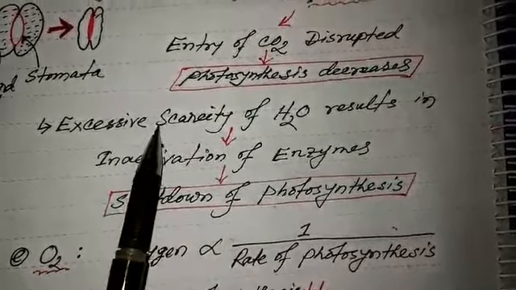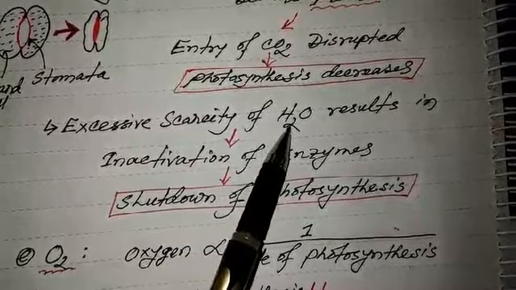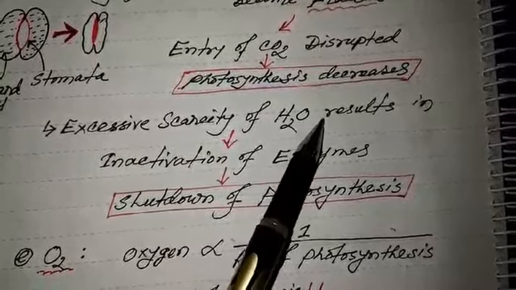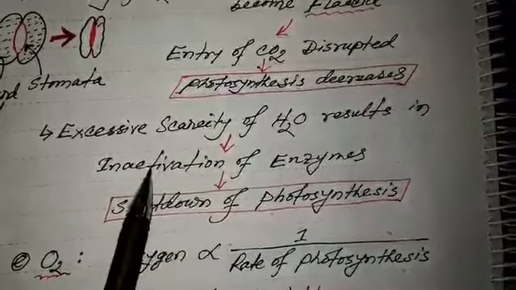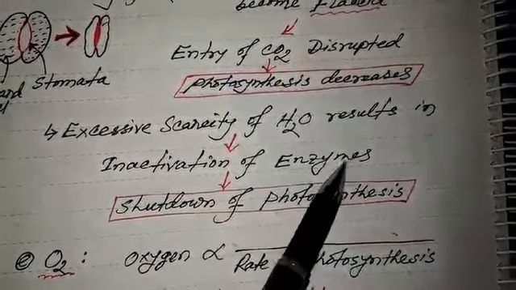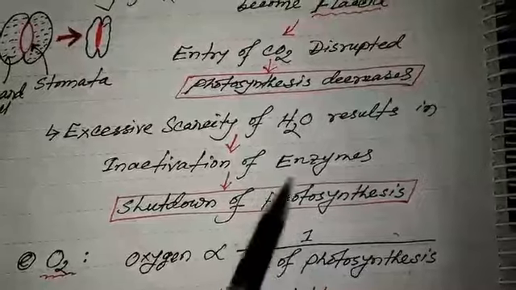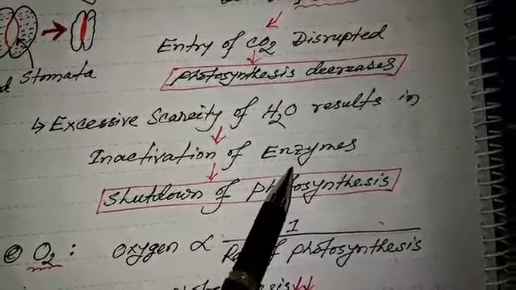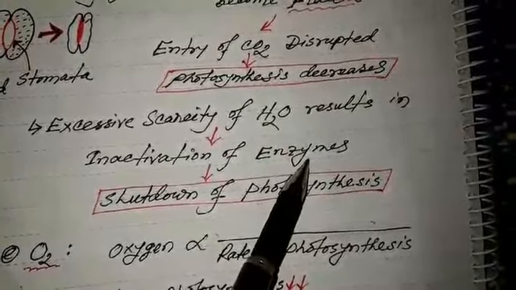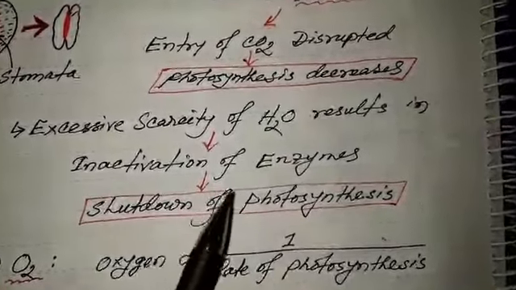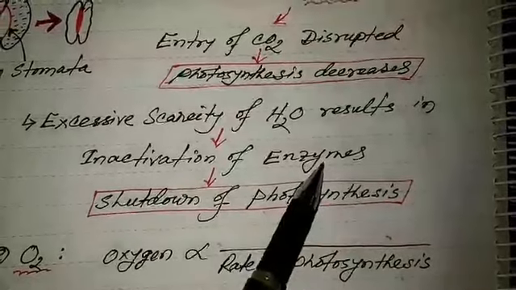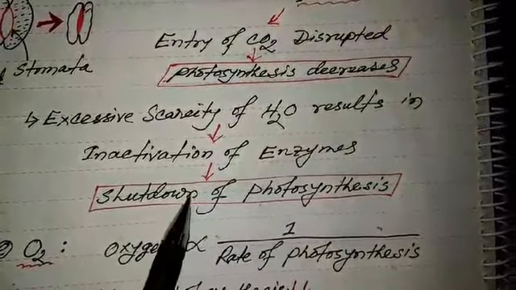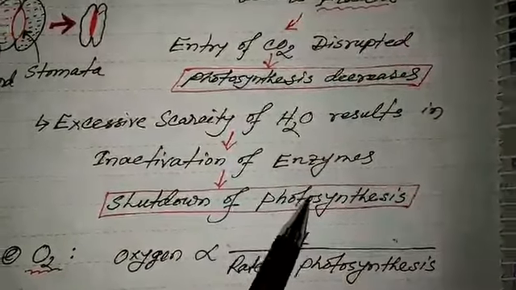If excessive scarcity of water occurs in the plant tissue, then inactivation of different enzymes occurs, and ultimately without enzymes no photosynthesis will take place, because enzymes are also required for the production of chlorophyll. So if enzymes are inactivated, then automatically a shutdown of photosynthesis occurs.